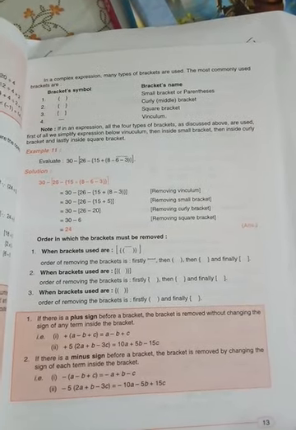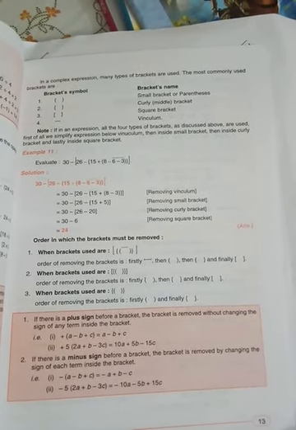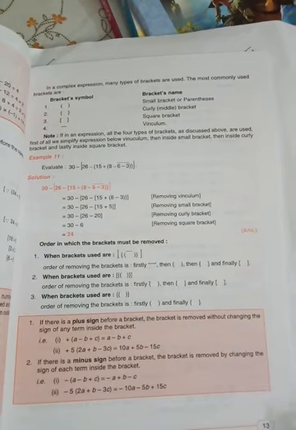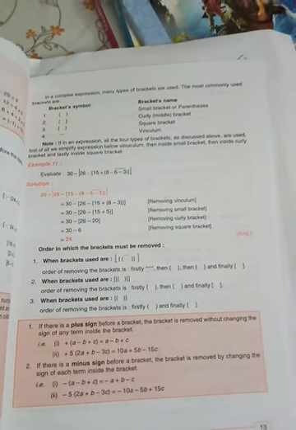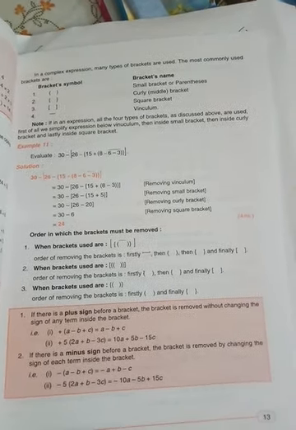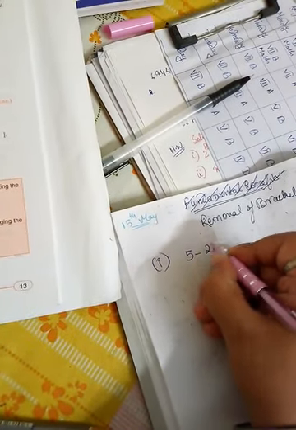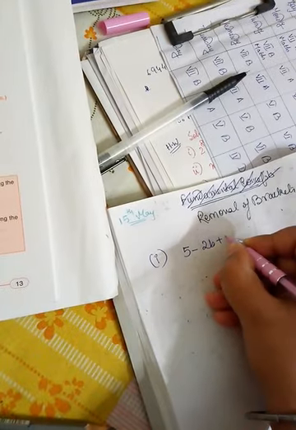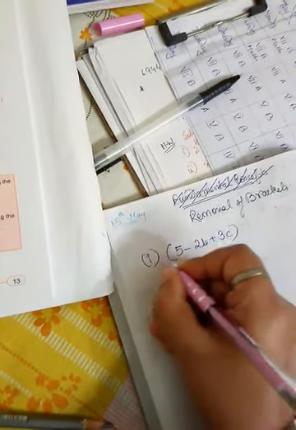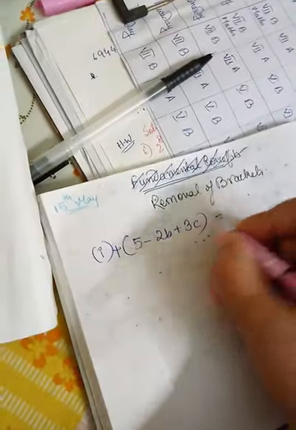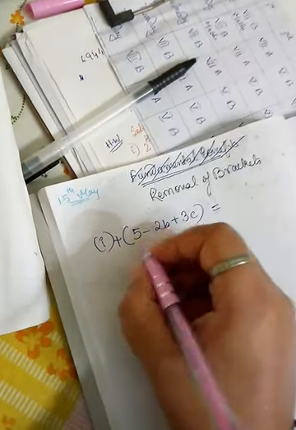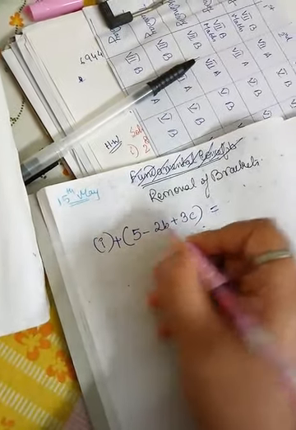For example, if there is a plus sign before a bracket, then the bracket is removed without changing any term inside the bracket. For example, if we have a question like 5 minus 2b plus 3c in brackets, and there is a plus sign in front of it, when we remove the bracket, the terms and the signs assigned to them remain the same.